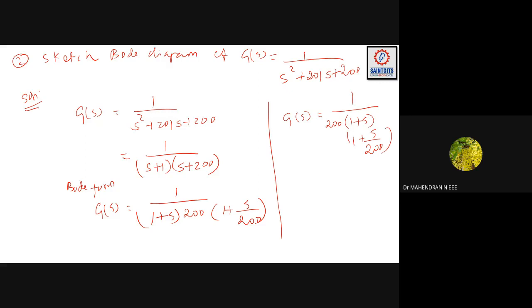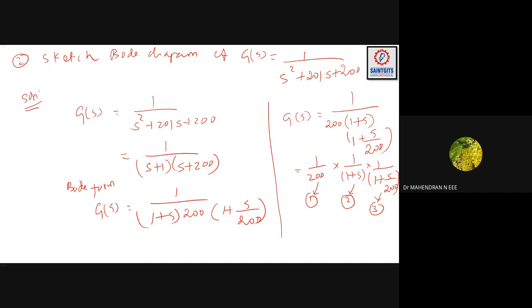Here we can separate it into 1 divided by 200, into 1 divided by 1 plus S, into 1 divided by 1 plus S divided by 200. So these are the three terms. This is term 1, this is term 2, and this is term 3.